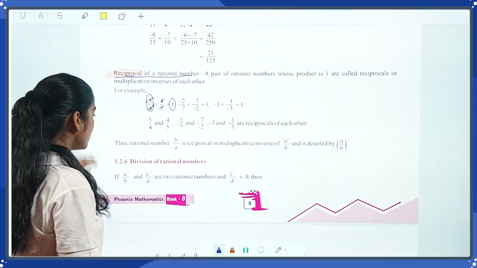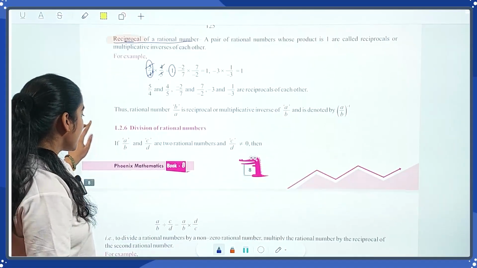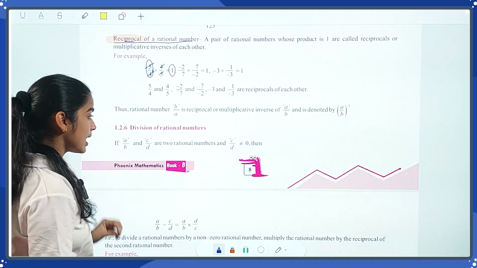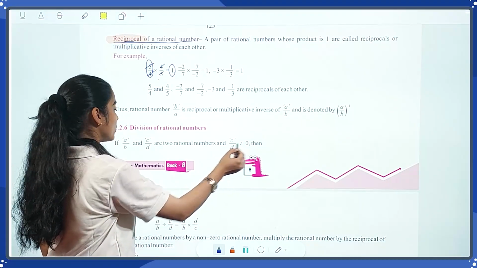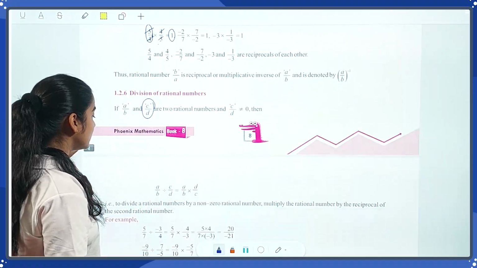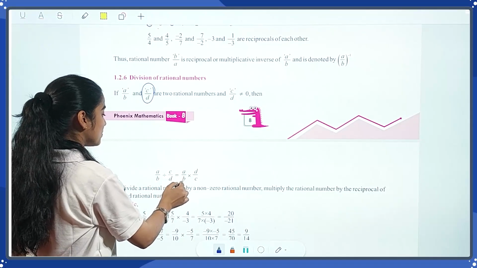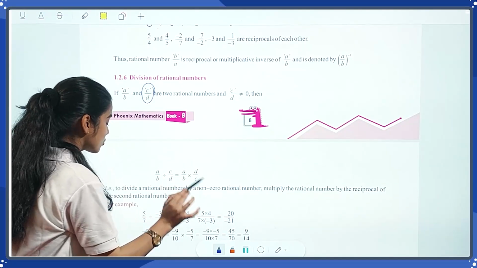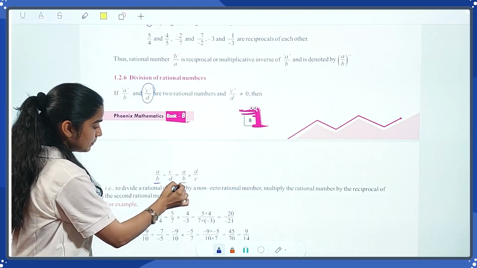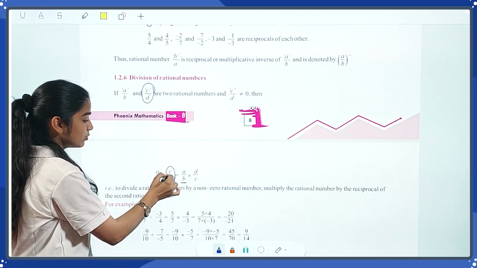Okay, so division of rational numbers. If a by b and c by d are two rational numbers and c by d is not equal to 0, then a by b divided by c by d means a by b multiplied by d by c. So what you have to keep in mind is that the first number remains the same and for the second number, you have to take the reciprocal.